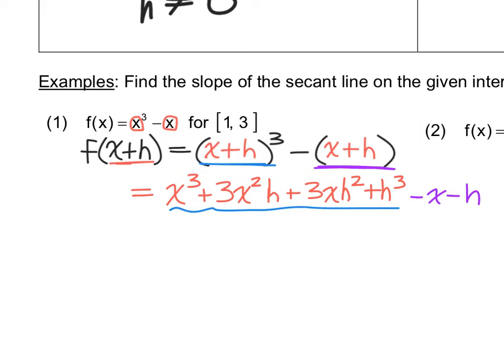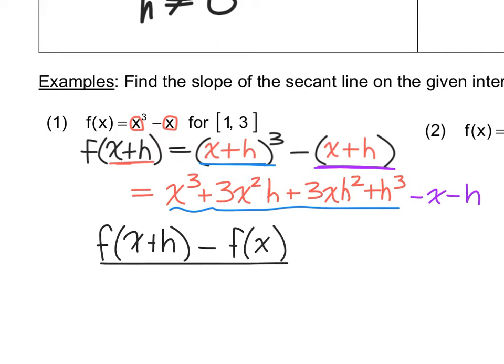All right, so if I'm working with the model f of x plus h minus f of x all over h, where h cannot be equal to 0, then I now know what the f of x plus h part is. It's that whole beefy expression.